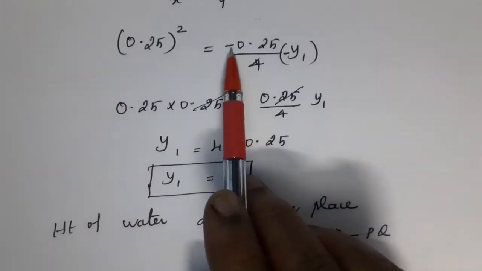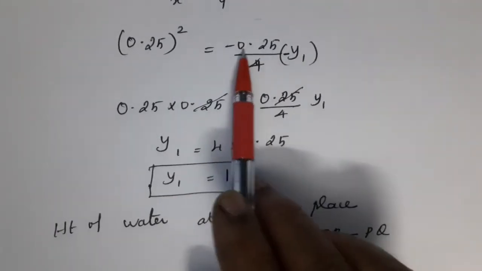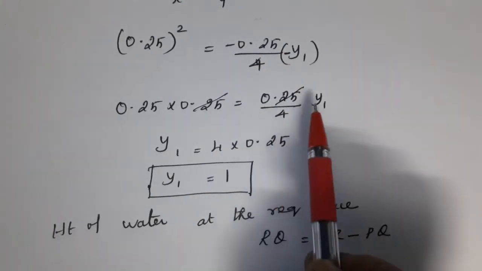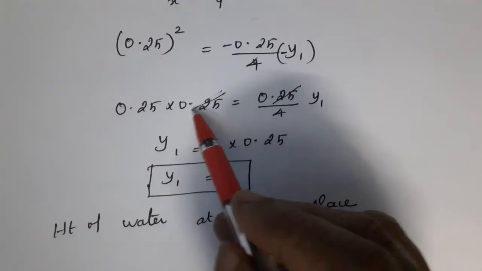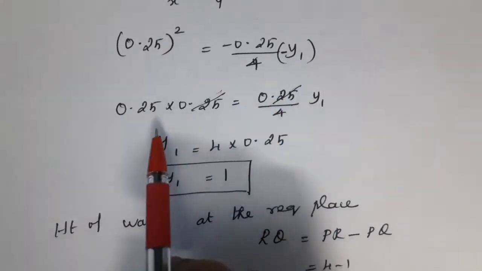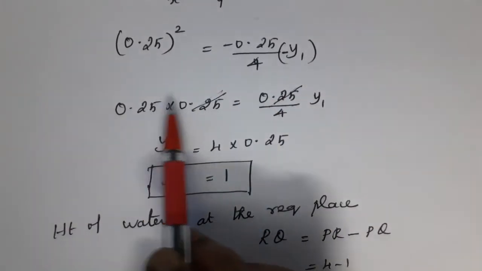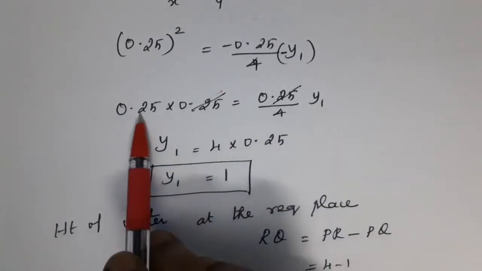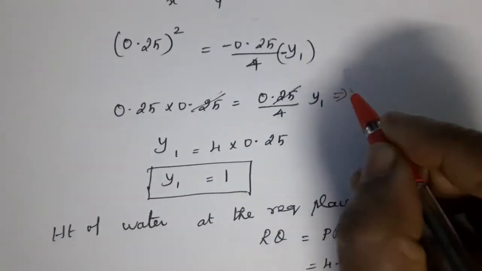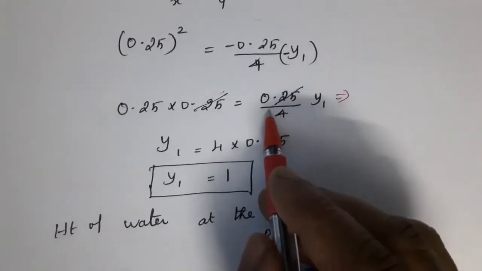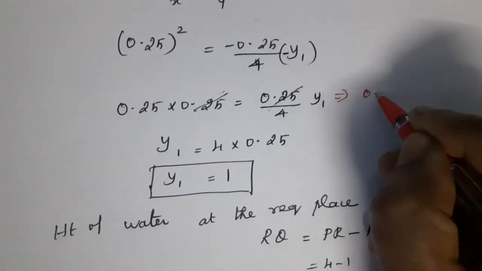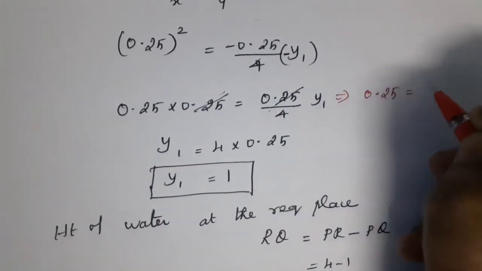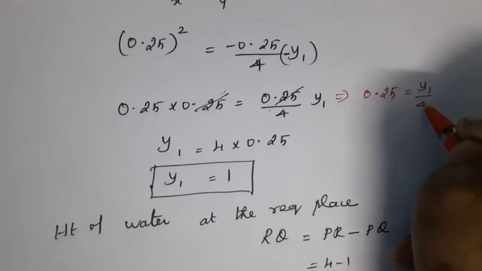Minus into minus becomes plus, 0.25 divided by 4 into y1. 0.25 is cancelled. What do you get? 0.25 equals y1 divided by 4.